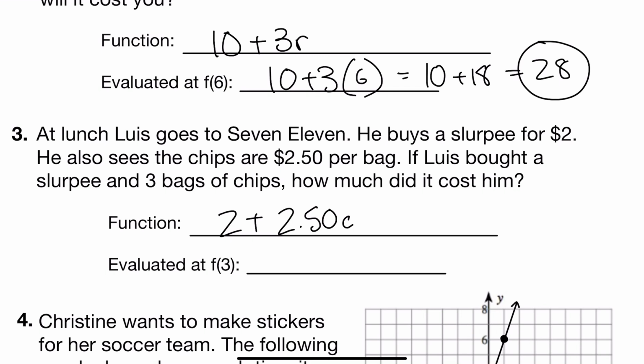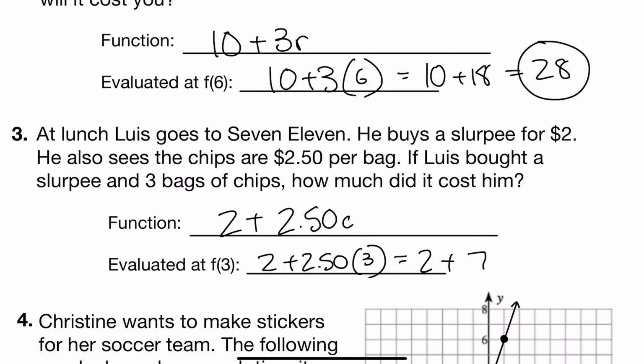Alrighty, so we're going to figure out how much it was for 3 bags. So we're evaluating at 3. So I'm going to put a 3 in for my C. So we got 2 plus $2.50 times 3.